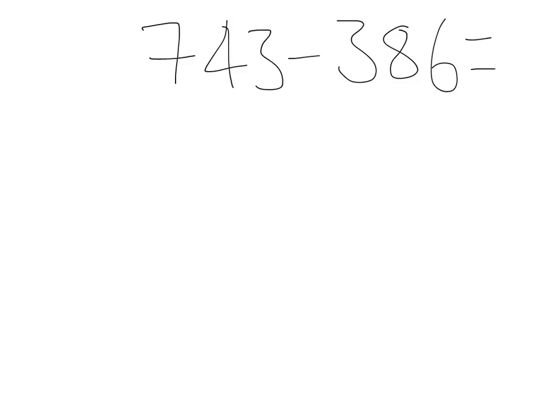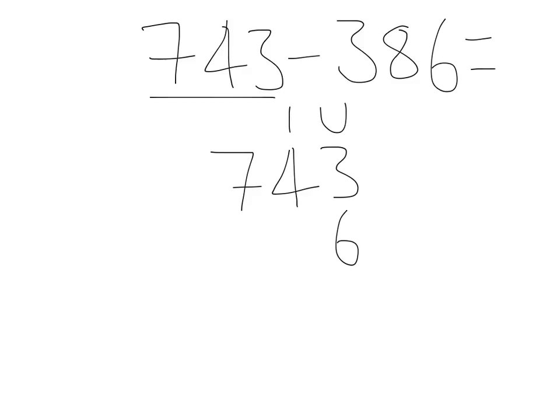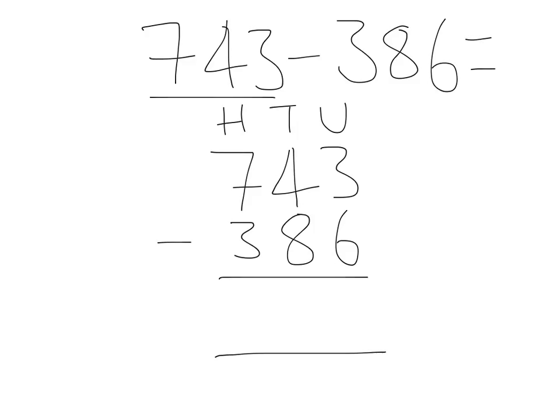We put the first number on the top again, remembering to lay them out underneath each other correctly. So we've got the units, the tens and the hundreds again. Put the subtract symbol and put the lines underneath so we know where the answer is.